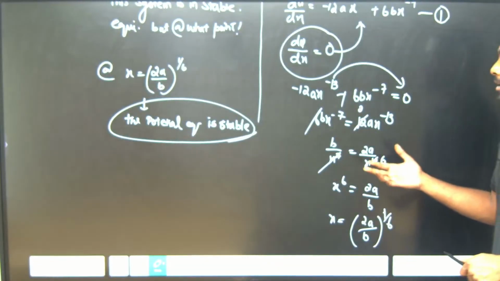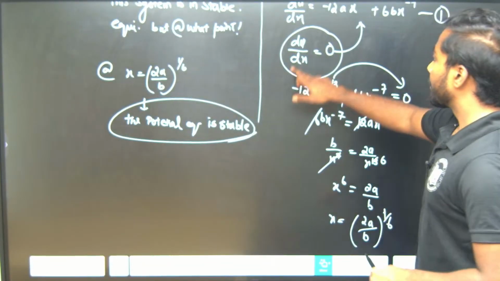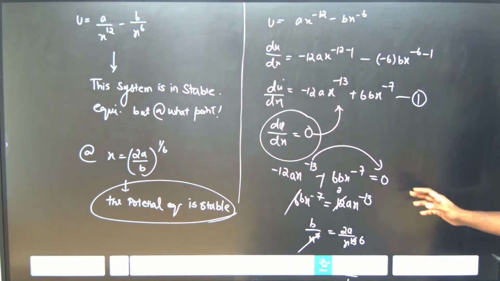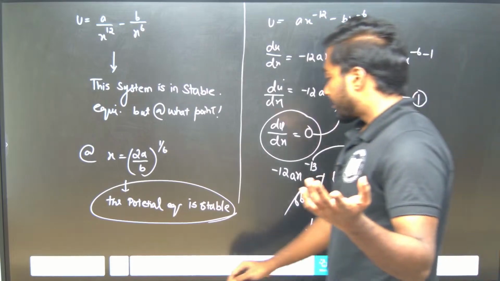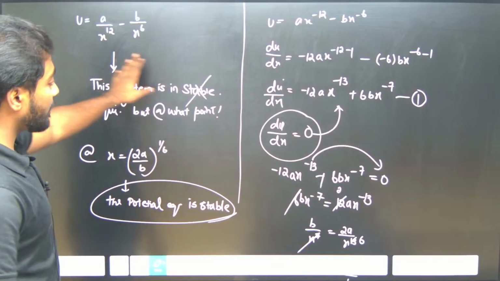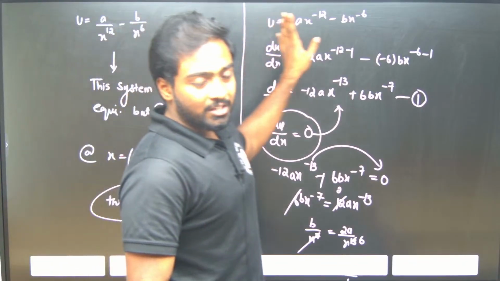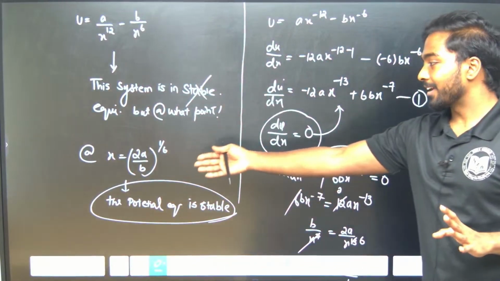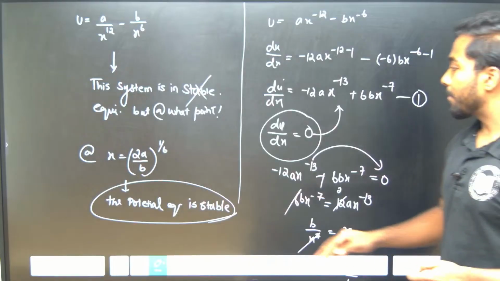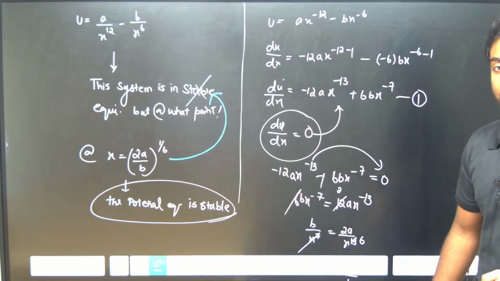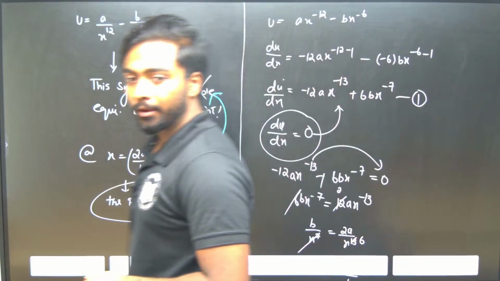This is how we will find the answers for the given potential equation, whether they ask to find stable or unstable, whatever it is. Suppose they have not mentioned in the question whether it is stable or unstable, and they ask to find whether the equation is stable or unstable. So I got x equals (2A by B) power 1 by 6, so I can say that it is a stable equilibrium condition.